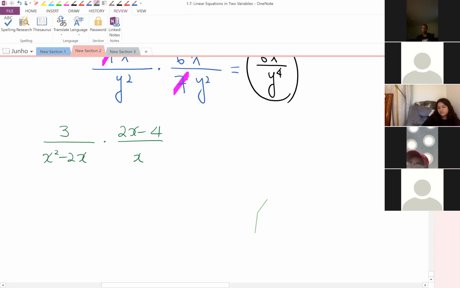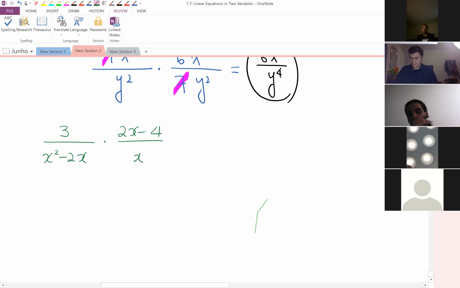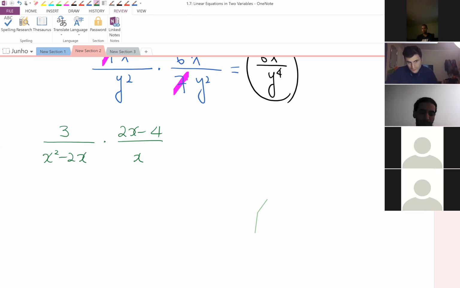This one: 3 over x squared minus 2x times 2x minus 4 over x. Do you just multiply straight across?